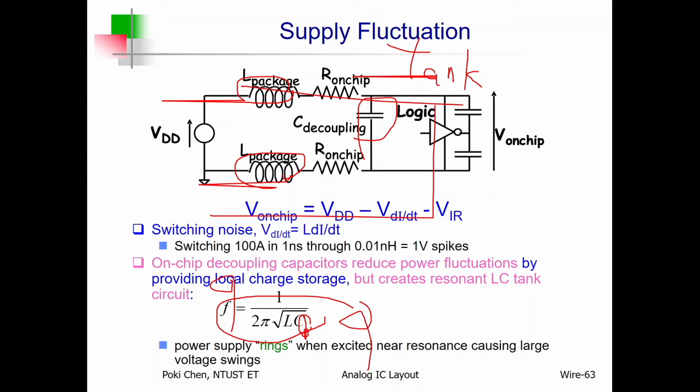So it means what? The resonance frequency is reduced. If you are not careful, then the resonance frequency will be too close to your operation frequency. Then it will cause some kind of resonance.